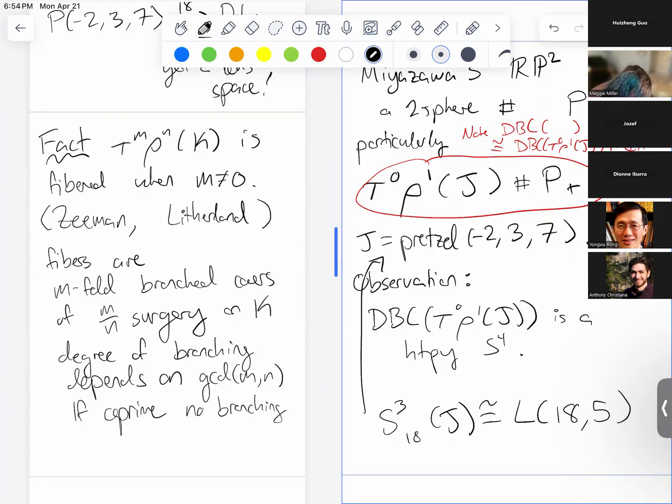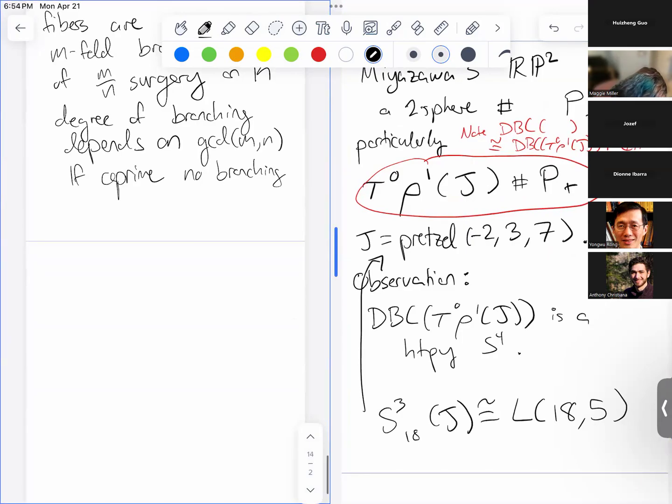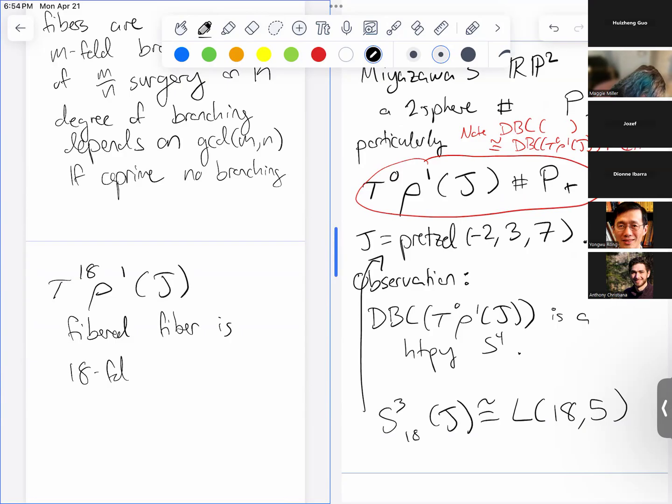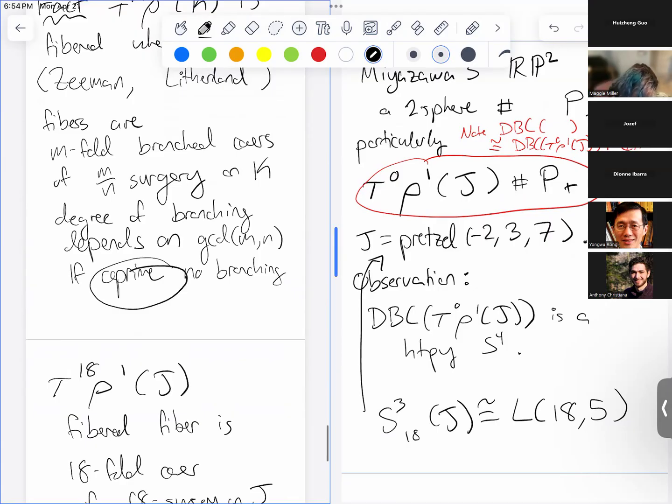So this tells me that if I take the tau 18, roll 1 spin of the knot J, this is fibered. And the fiber is the 18-fold cover of 18 surgery on J. And there's no branching because 18 and 1 are coprime.